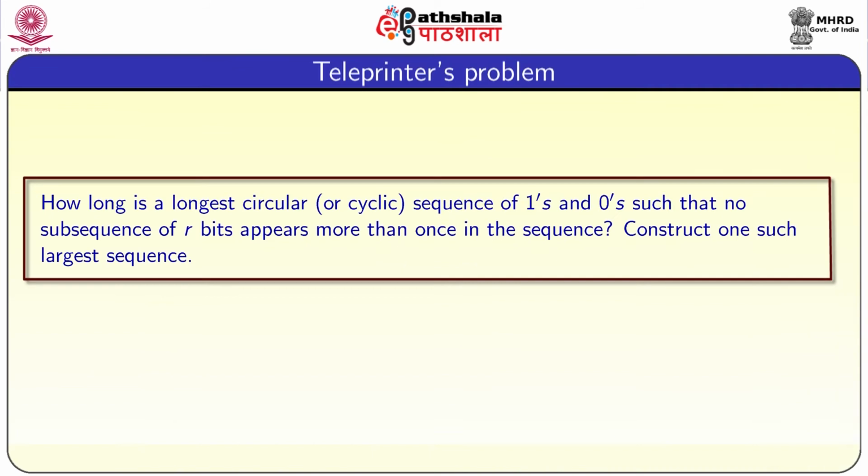So now another problem is the teleprinters problem. It asks how long the longest circular or cyclic sequence of ones and zeros is, such that no subsequence of r bits appears more than once in the sequence. Construct one such largest sequence.